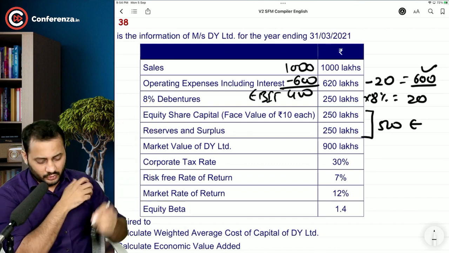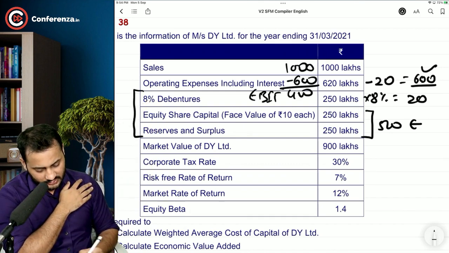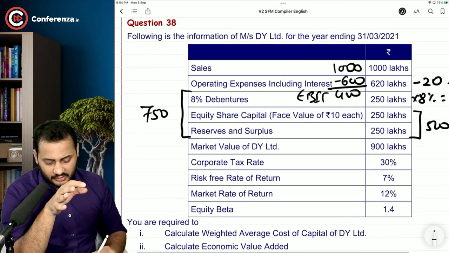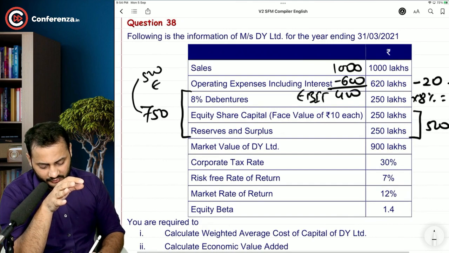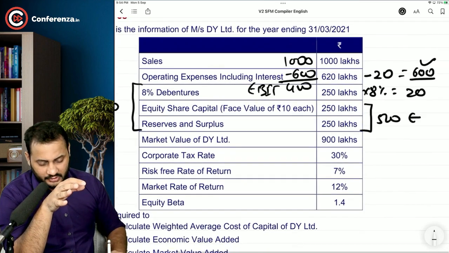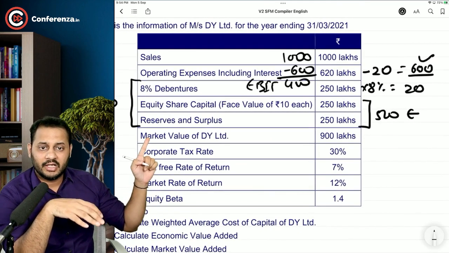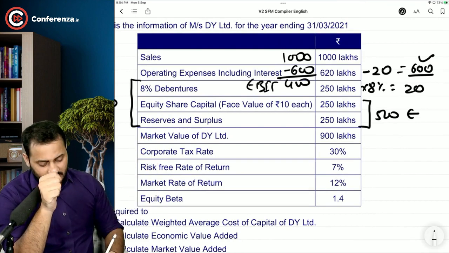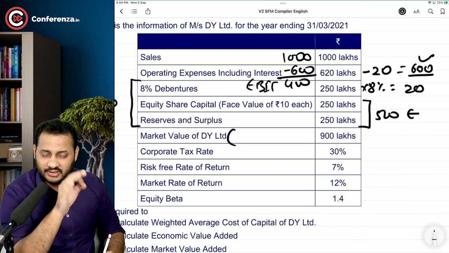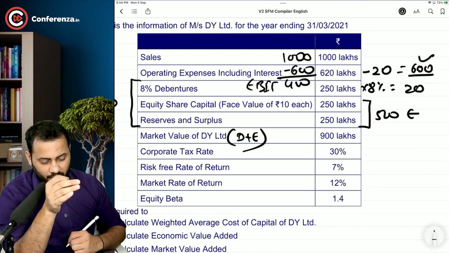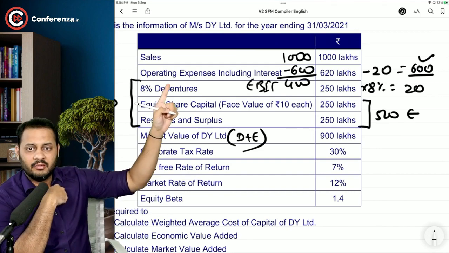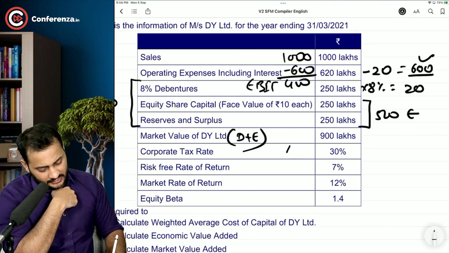So can I say the total book value is around 750, out of which 500 belongs to equity and 250 belongs to debt. Okay, the market value of the entire company is 900. Corporate tax, this includes not just the equity, this includes debt plus equity both. Corporate tax rate is 30%.